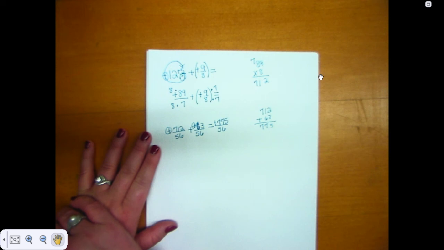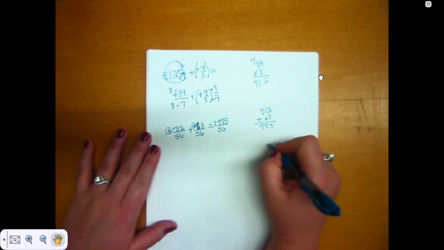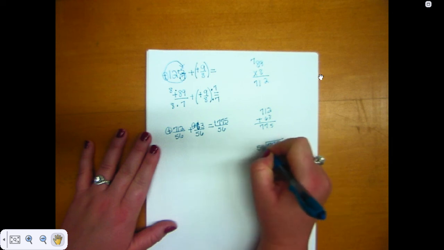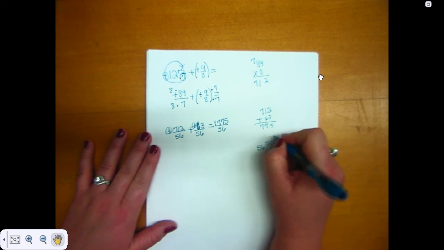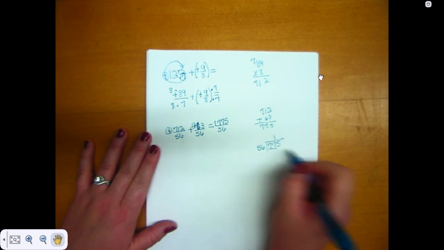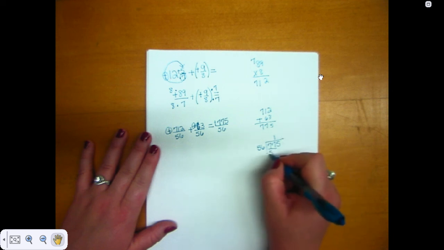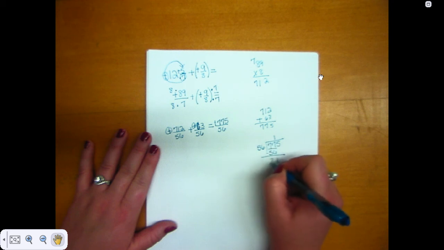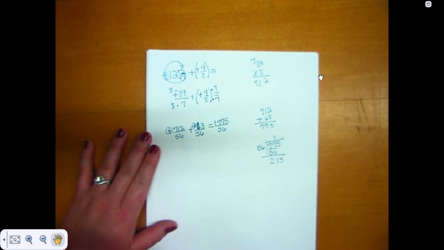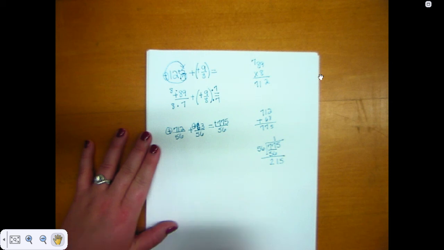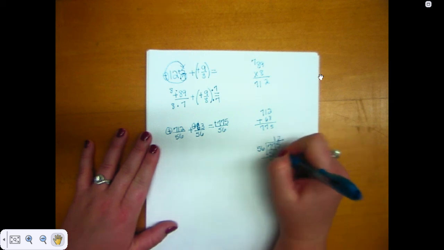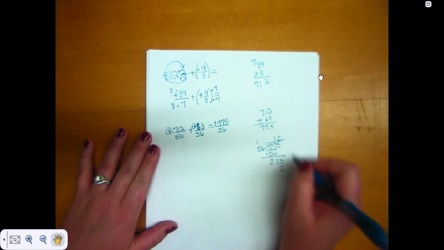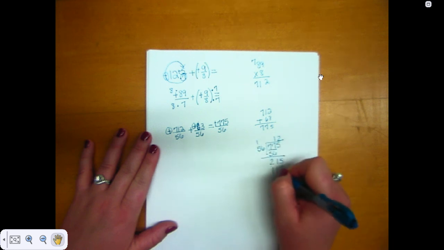I cannot leave it as an improper fraction, so 775 divided by 56. 56 will go into 77 one time. Bring down that 5. And I'm going to try 2 here and see if that's enough. 2 times 6 is 12. 5 times 2 is 10 plus 1 is 11.